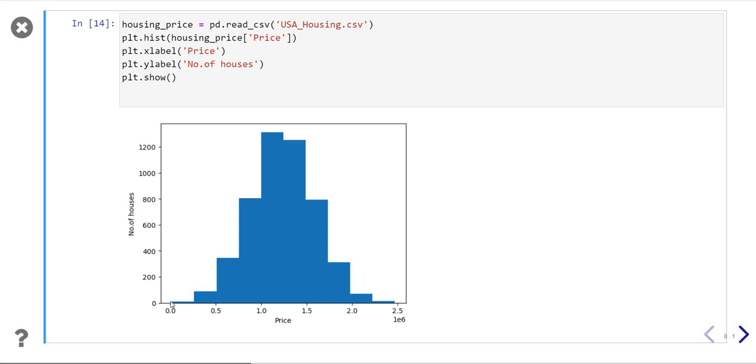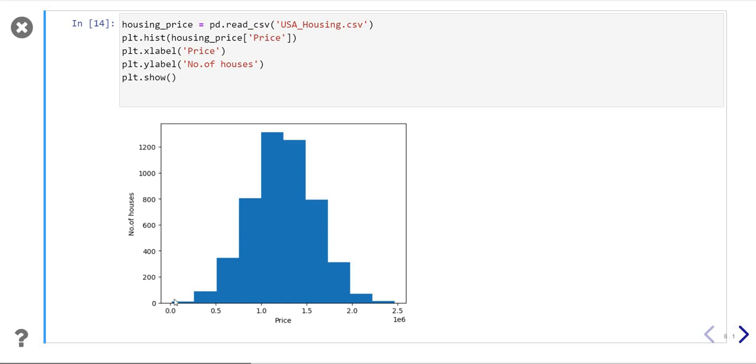So this is the 1 million range category. What does this graph show you? This graph has what we call the bell curve, right? The Gaussian distribution. That means the most number of houses out of the 5,000 is around 1 million in price.